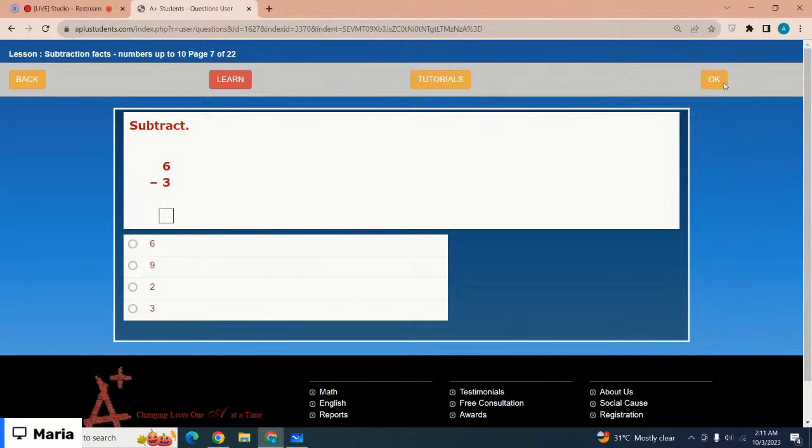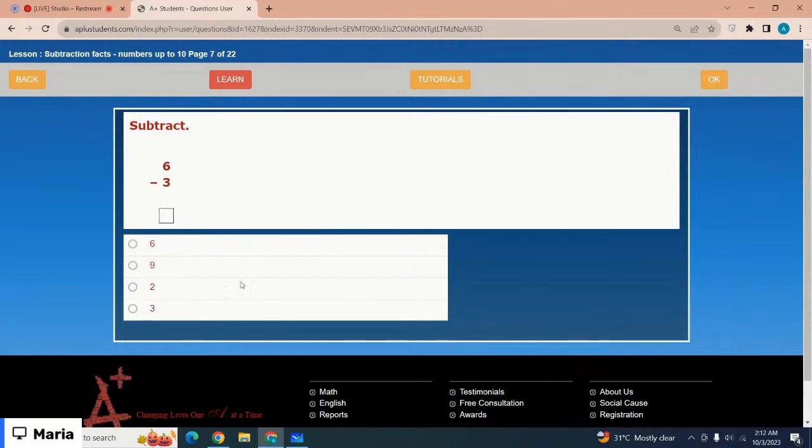Okay, the next one is 6 take away 3. So 6 take away 3 equals, very good. 6 take away 3 equals 3.